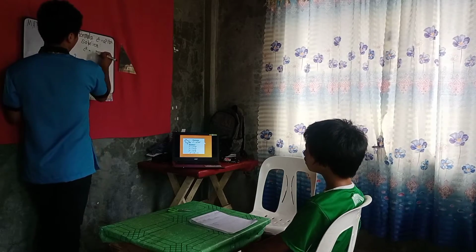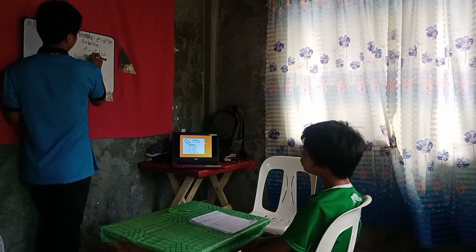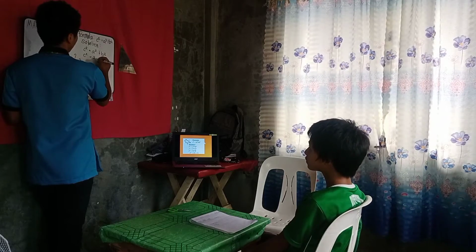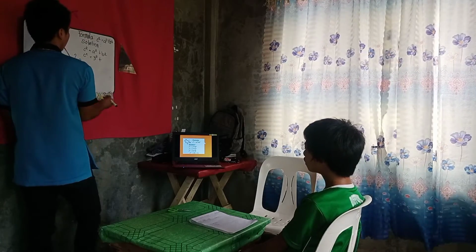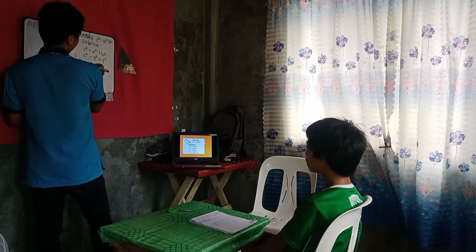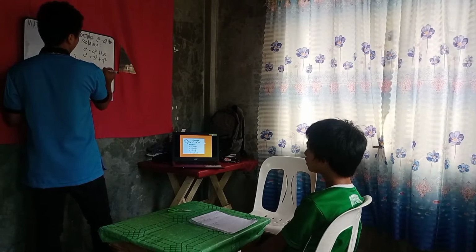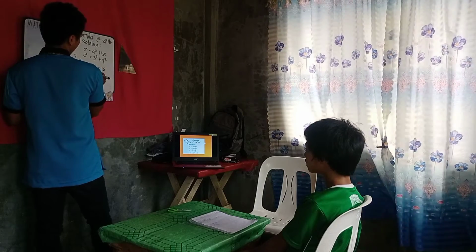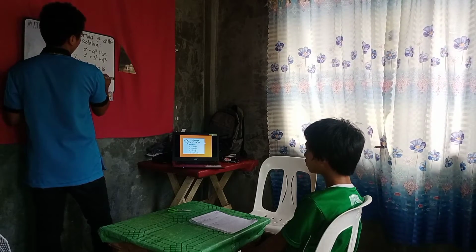So, C square is equal to A square plus B square. What is our A? 3. Copy lang natin, 3 square plus, what is our B? 4, 4 squared. What is 3 squared? 9. What is 4 squared? 16. So, C squared is equal to 9 plus 16, 25.